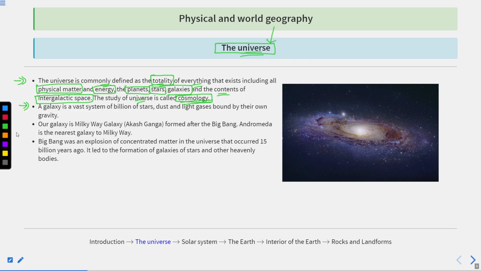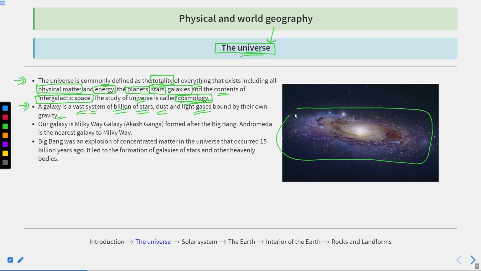Got it? A galaxy is a part of the universe, or you can say a subdivision of the universe. The galaxy is also a vast system within itself. It is a vast system of billions of stars, dust, and light gases bound by their own gravity. Gravity is a force that attracts everything towards a particular point or the center. So basically, the galaxy looks like this.